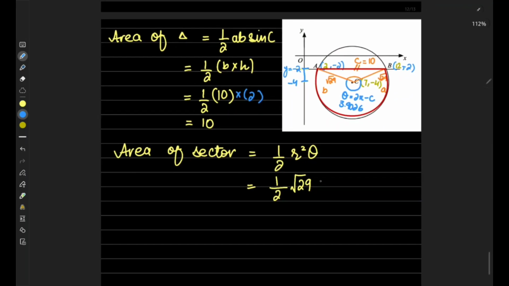So theta is 3.9026, and you write half r squared theta. So it would be like this. When you multiply this with 29 and divide it by 2, you will get 56.5889.